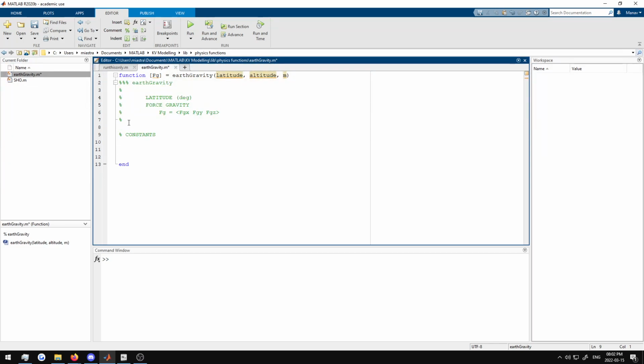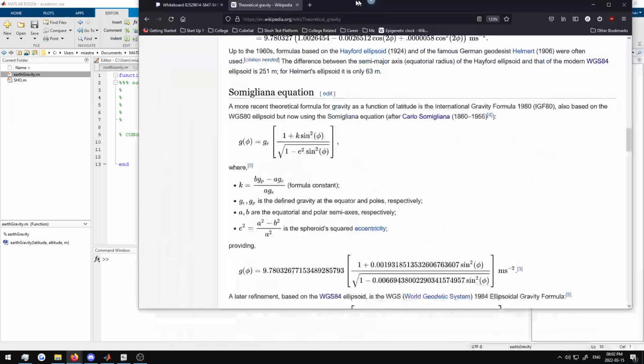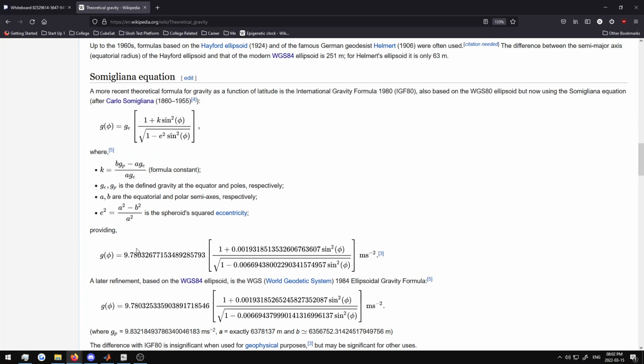Pretty straightforward. We're going to copy them straight from the site that we had earlier. They give us the value for the equator right here, and the value for the poles right here. They give us the semi-major and semi-minor axes, and then everything else is just obeying these equations and plugging and chugging in here.